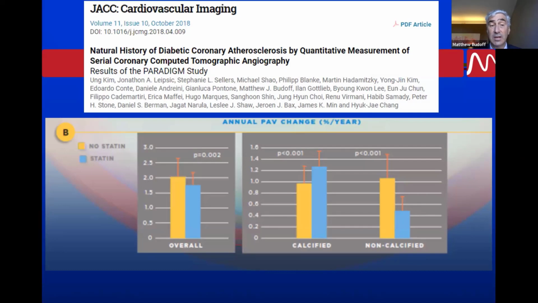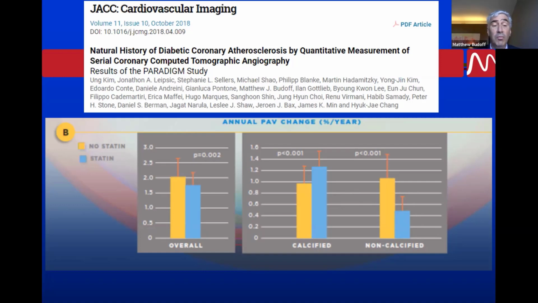We can also look at the natural history of atherosclerosis by looking at serial changes. This was a study that was recently published on the natural history of diabetic coronary atherosclerosis. This is the PARADIGM study, part of the CONFIRM registry, looking at serial CT with a host of authors from around the world contributing cases.